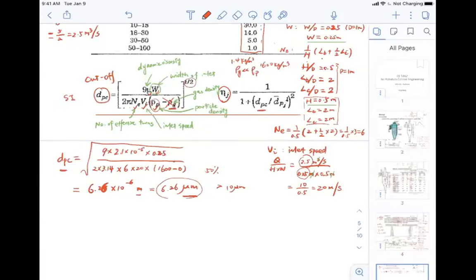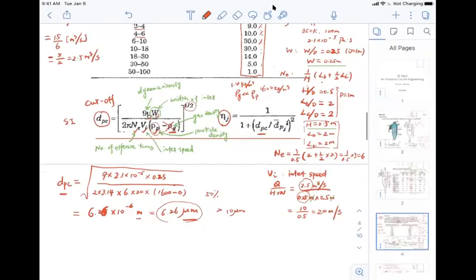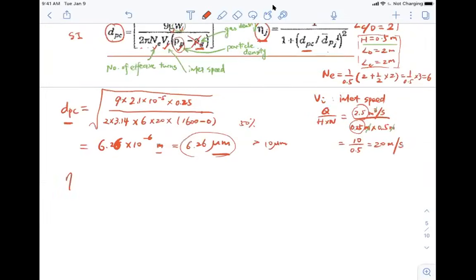So now we have the DPC, and so how do we finish up the rest of the things, right? So once we have the DPC, we just need to find out what is the efficiency for all the other different sizes. So we have eta j is equal to 1 over 1 plus DPC divided by DPJ bar, squared, okay?